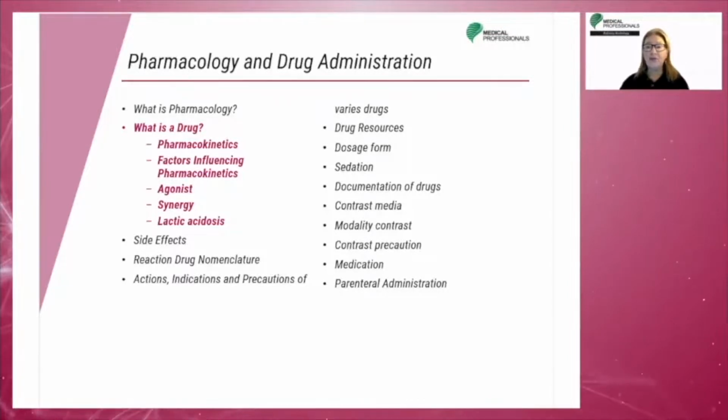Drugs may be used to cure disease or to restore a disturbed or diseased physical state to a normal or improved state. In this section, we will define pharmacokinetics, list the factors that influence pharmacokinetics, and define antagonist, synergy, and lactic acidosis.